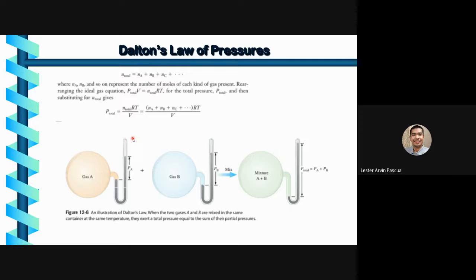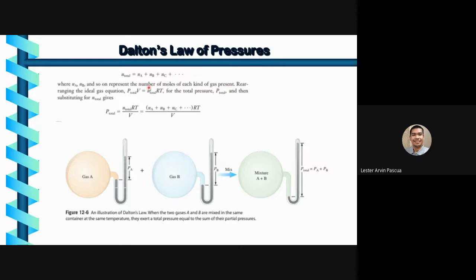Yung total number of moles mo ng gas mo in a container is just the sum of all the moles of each component na nandoon sa container mo. Okay? So that's your N total equals your species A, your species B, species C, etc. So number of moles of A, number of moles of B, number of moles of C. Okay?